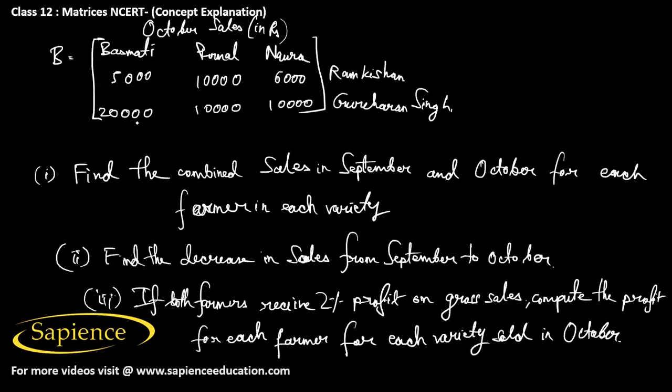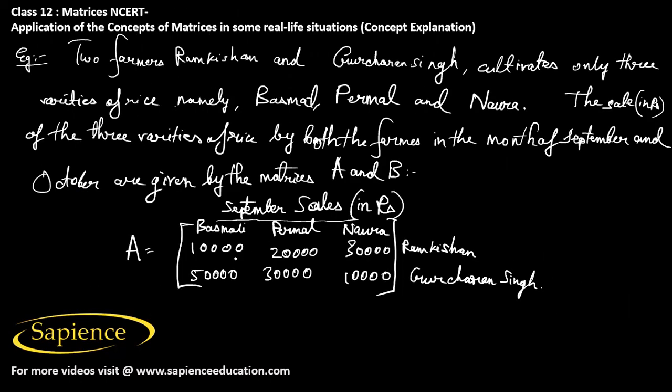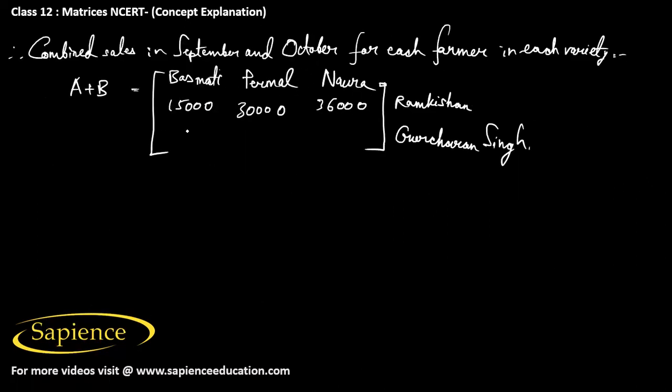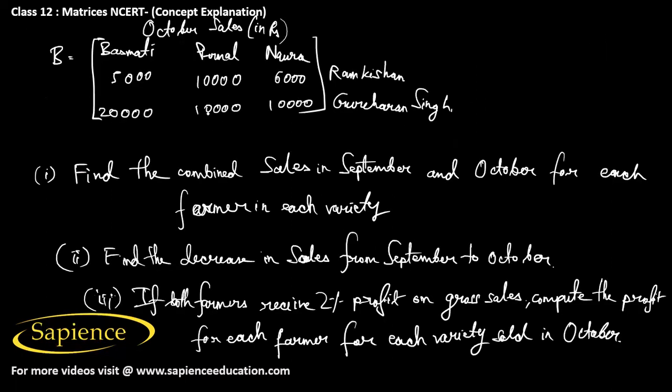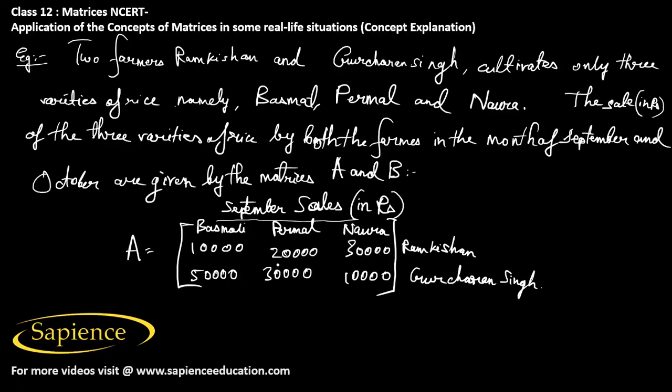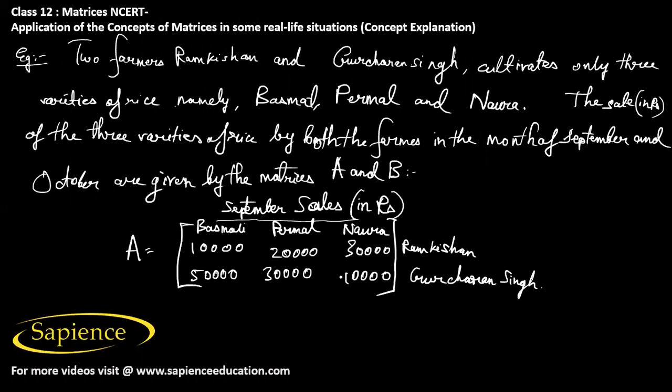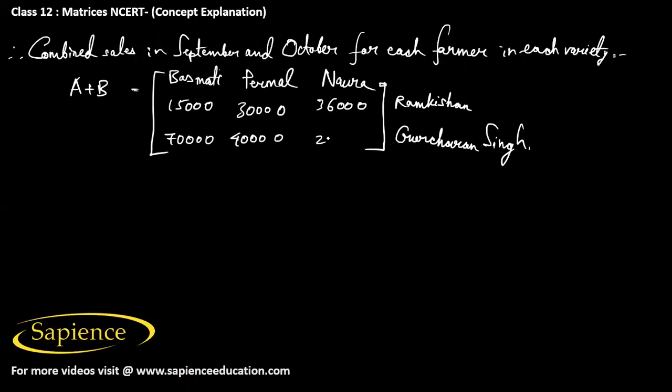And then for Gurcharan Singh, for basmati it is 20,000 in October and 50,000 in September, so 50,000 plus 20,000 is 70,000. Then for permal, it is 10,000 plus 30,000, so that is 40,000. Then for nora, it is 10,000 plus 10,000, that is 20,000.